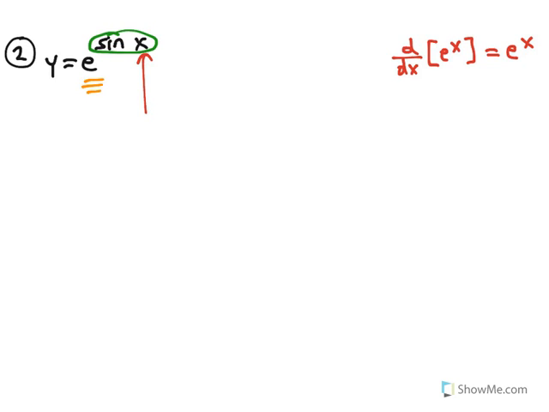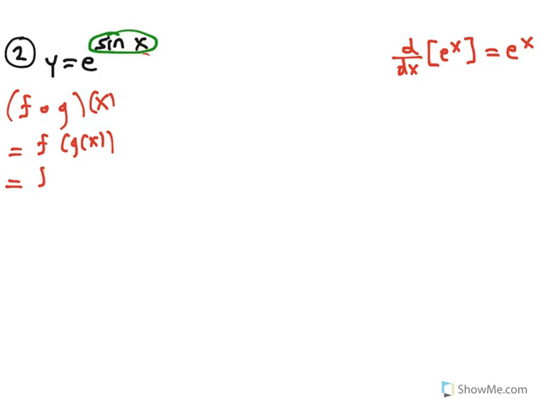The first function is sine because you begin by taking sine of the input, and then the second function is e to the x. You exponentiate with base e. So when this is the composition that you have, f of g of x, the first function is the inside function. The first function is sine x, so that is our inside function.